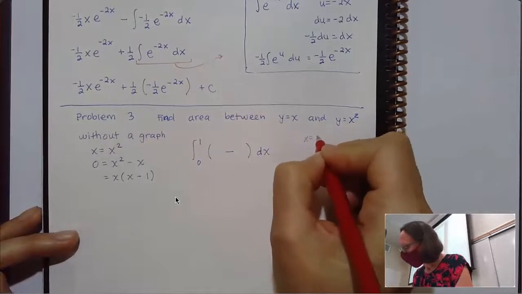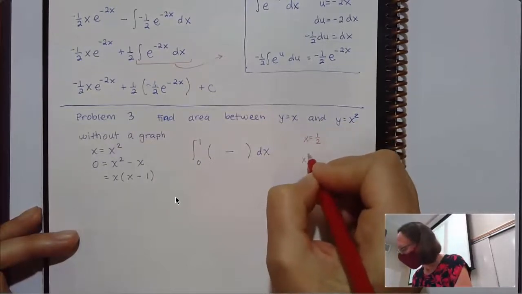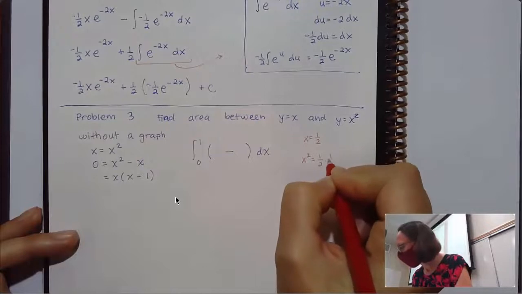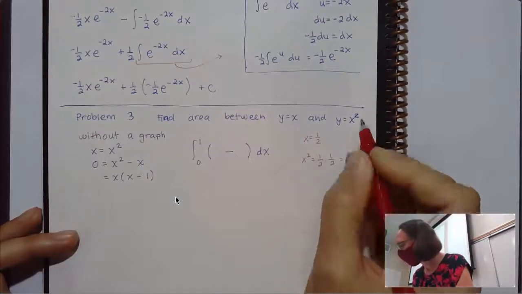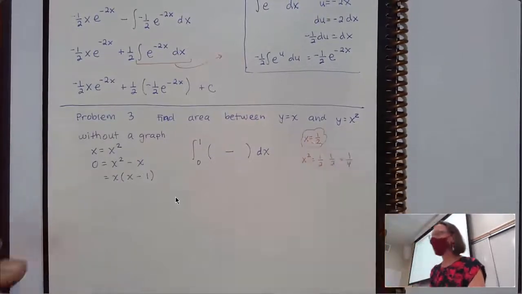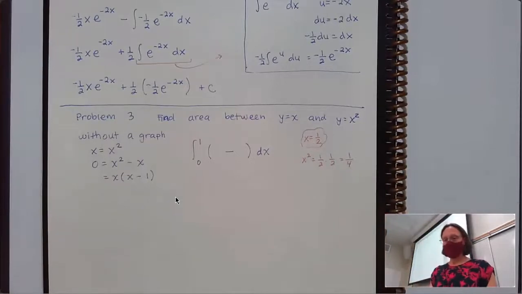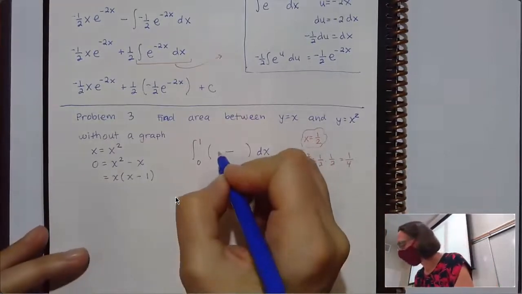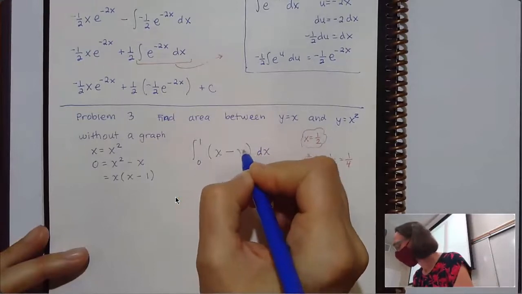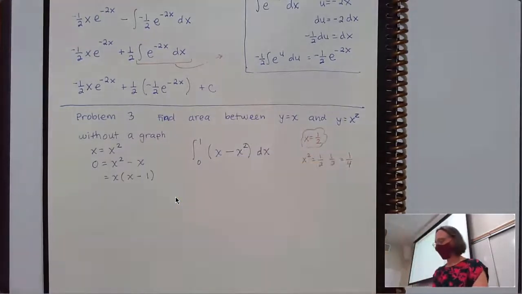So if x is equal to 1/2, then x squared would be 1/2 times 1/2 or 1/4. X wins. So I know that I should be integrating x minus x squared. If we graphed it, we would also know that.